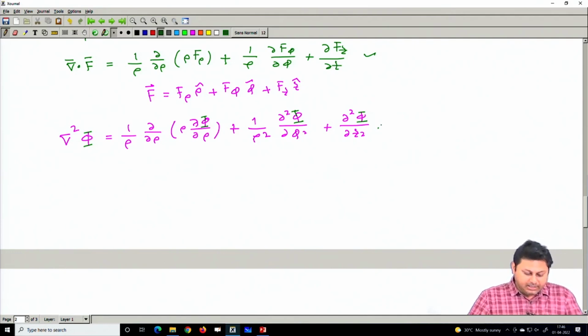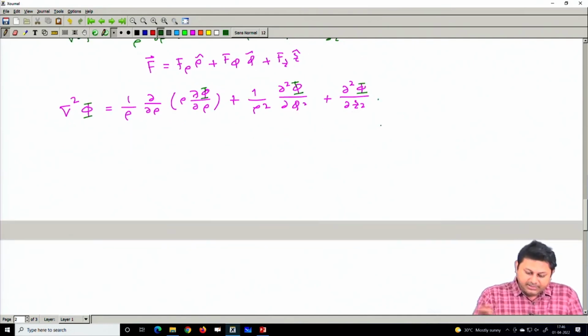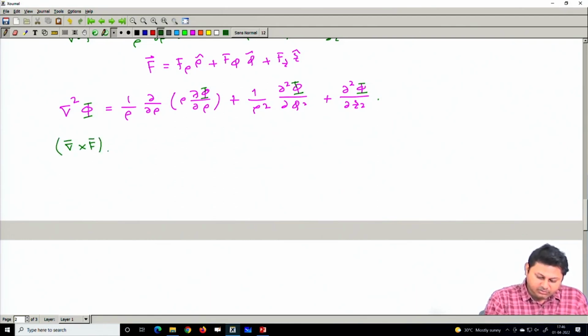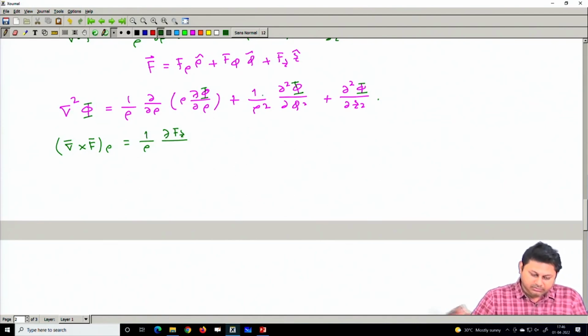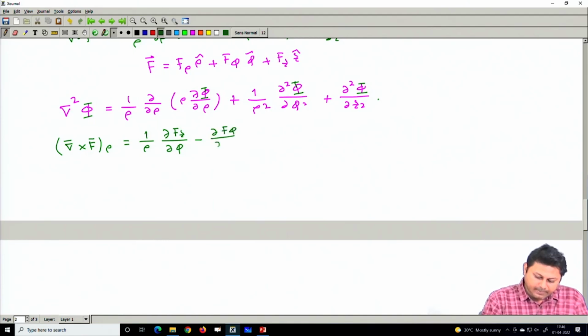What are the curl elements that also you can find? Let me quickly write this. So, the curl of f in cylindrical coordinate system, mind it, the rho-th component should be 1 by rho del f z del phi, minus del f phi del z.